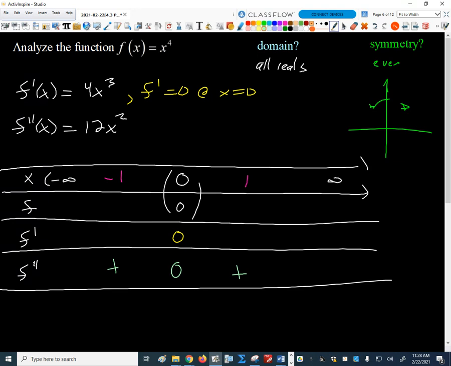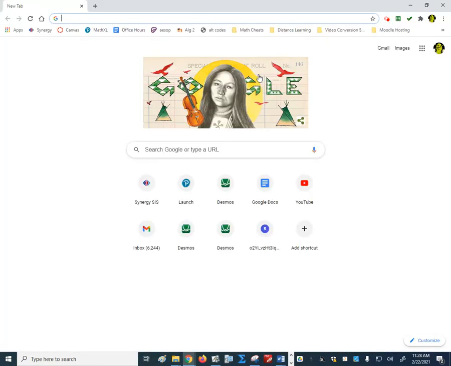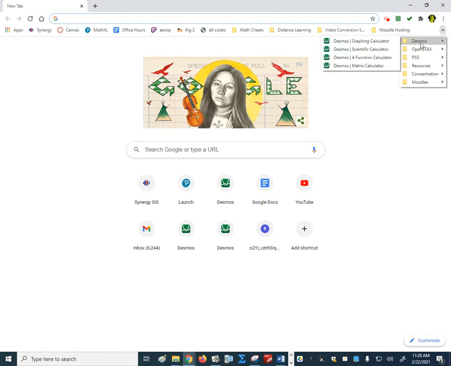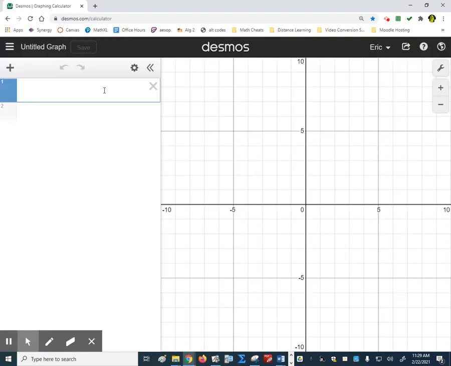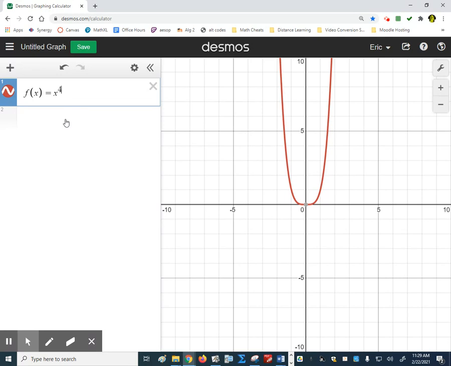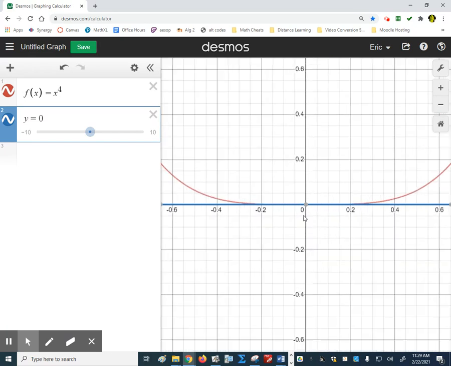x to the fourth, let's look at this in Desmos. Right? If I graph the tangent line, oops, y equals 0, not x equals 0. And I focus in on this thing.